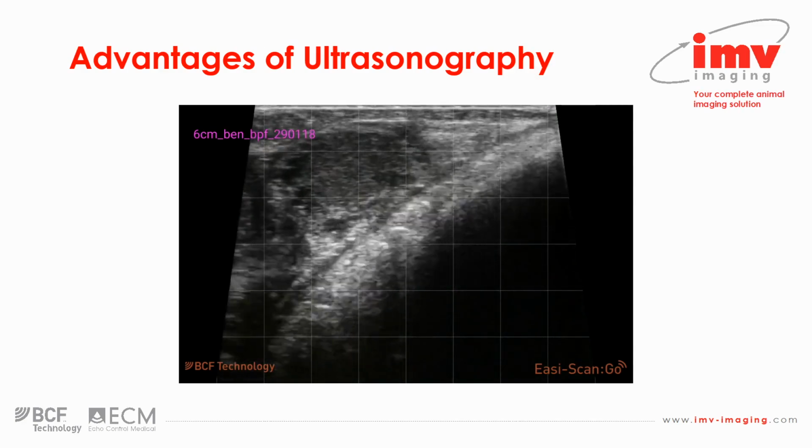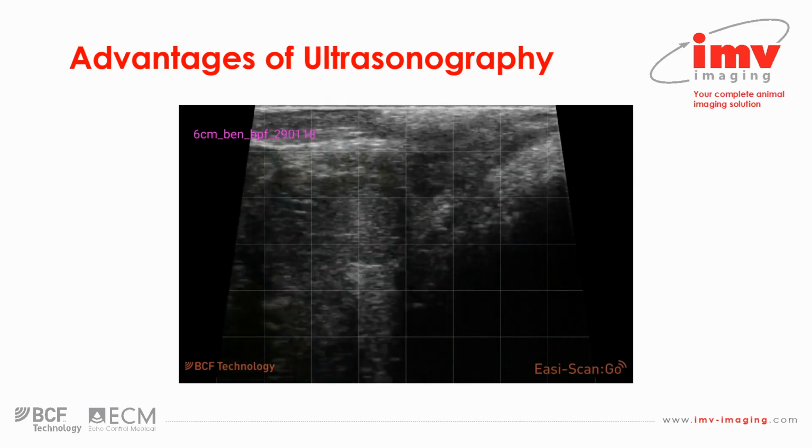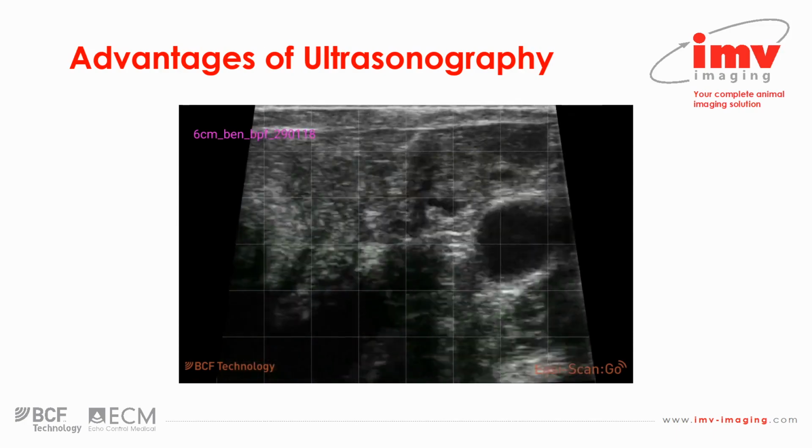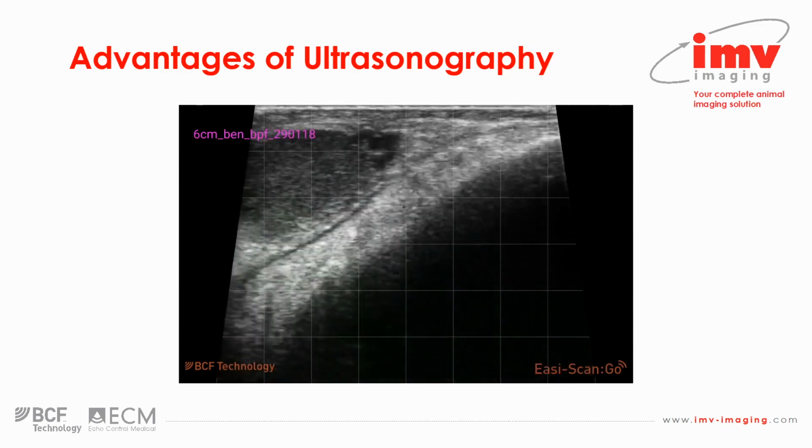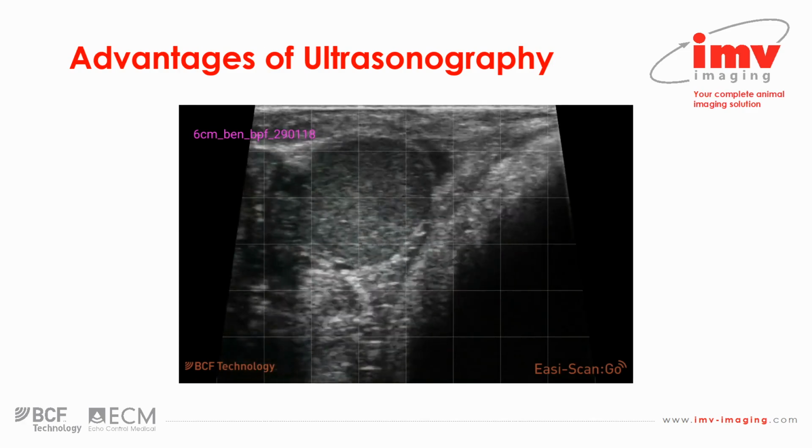Again, here we're looking at another ovary. This time we have an ovary with a large CL on it. Again, we're able to assess that structure reliably and confidently. We know what we're looking at.